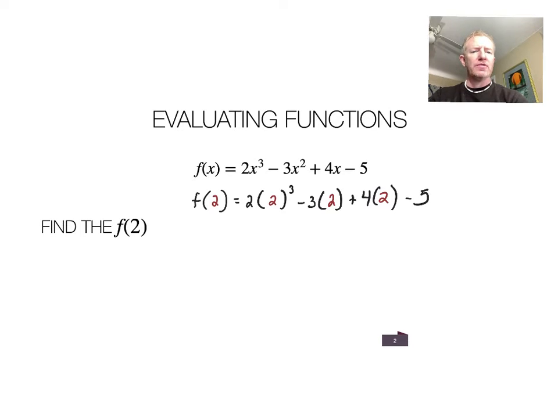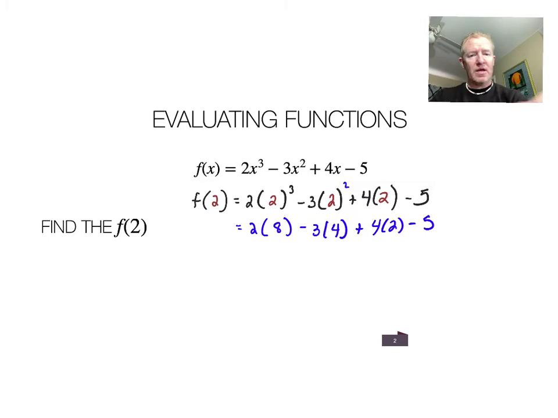We're going to use order of operations here, as always. We have to take care of parentheses, exponents, multiplication, etcetera, PEMDAS. 2 cubed is 8. Oops, I forgot a squared up there. 3 times 2 squared is 4. And then our 4 times 2 minus 5. So I've taken care of my 2 exponents.